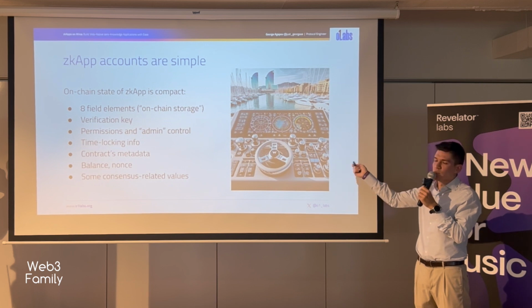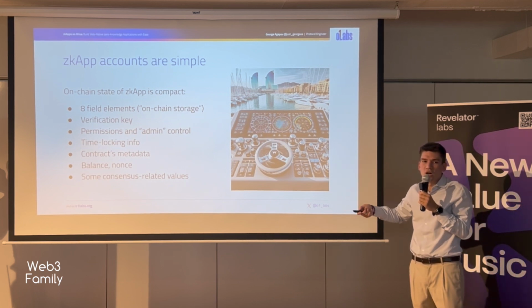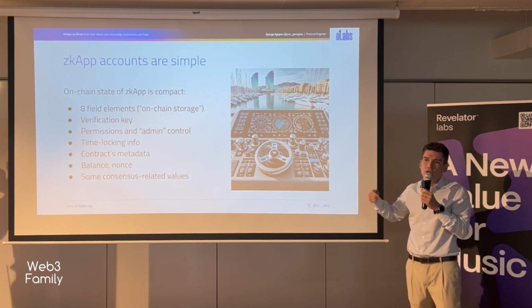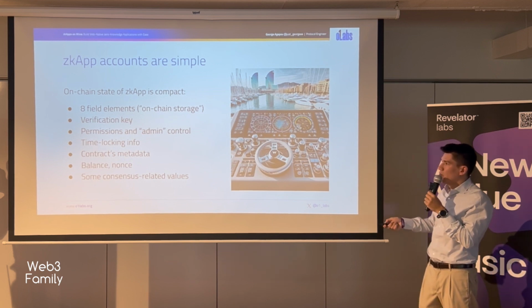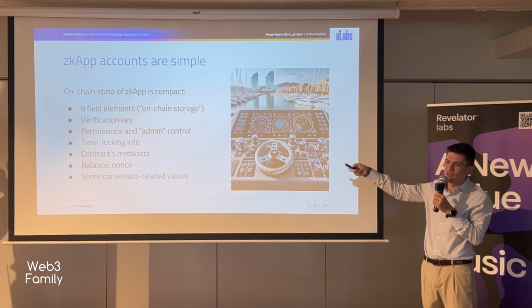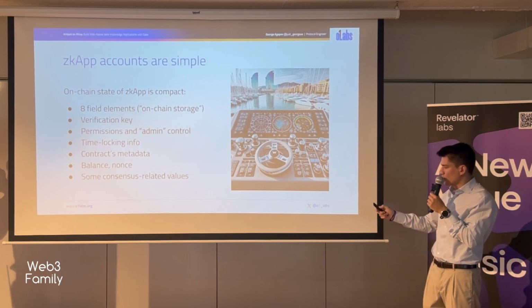You have some permissions to control who can use your ZK app, and how. This is partially for convenience, partially for enabling more use cases in a simpler way, and actually a few more things. But all of these fields, except for the first one, are just a few bytes of data being stored on chain for this account.